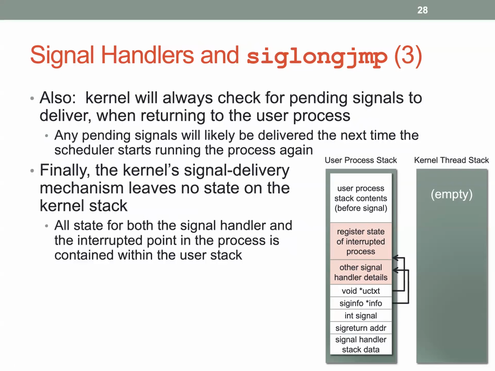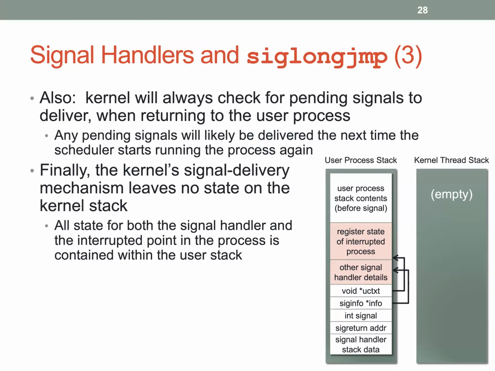Now, the other thing that I want to say here, because I want to cut this short, is that the signal delivery mechanism doesn't affect the kernel stack. Remember, the kernel stack is always empty when we go back to the user process. If we're in the signal handler in the user program, the kernel stack is empty. So jumping out of the signal handler to another part of the program doesn't affect the kernel thread.